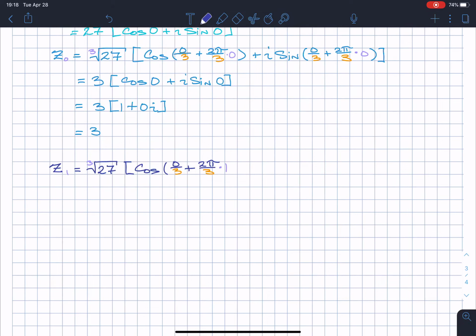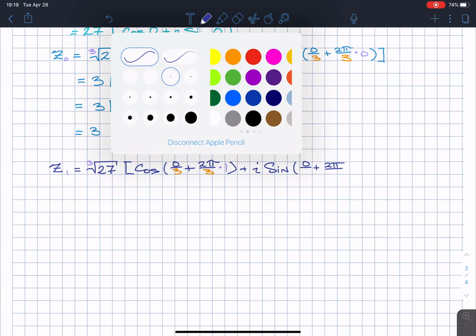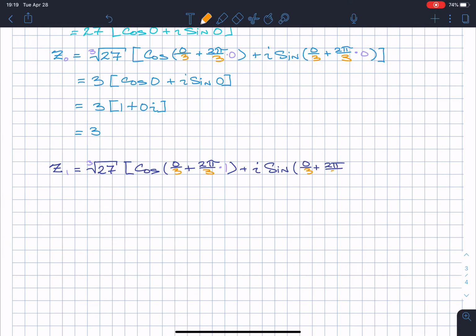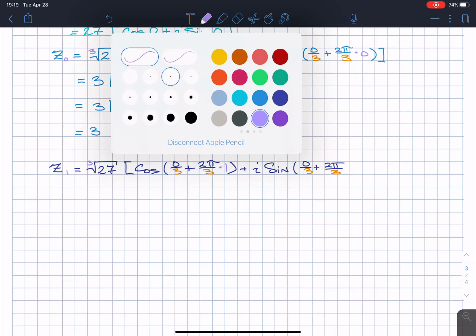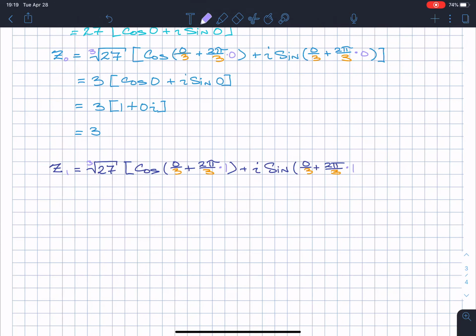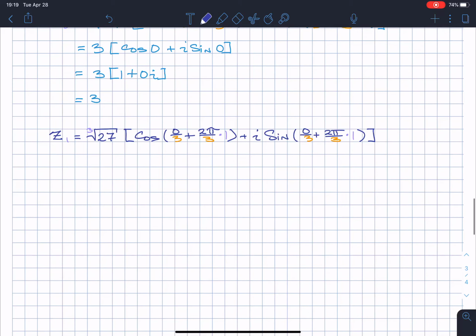Plus i times sine of 0 over n plus 2 pi over n times k, where n in this case is 3. The subscript for this root is 1. So the cube root of 27 is 3.